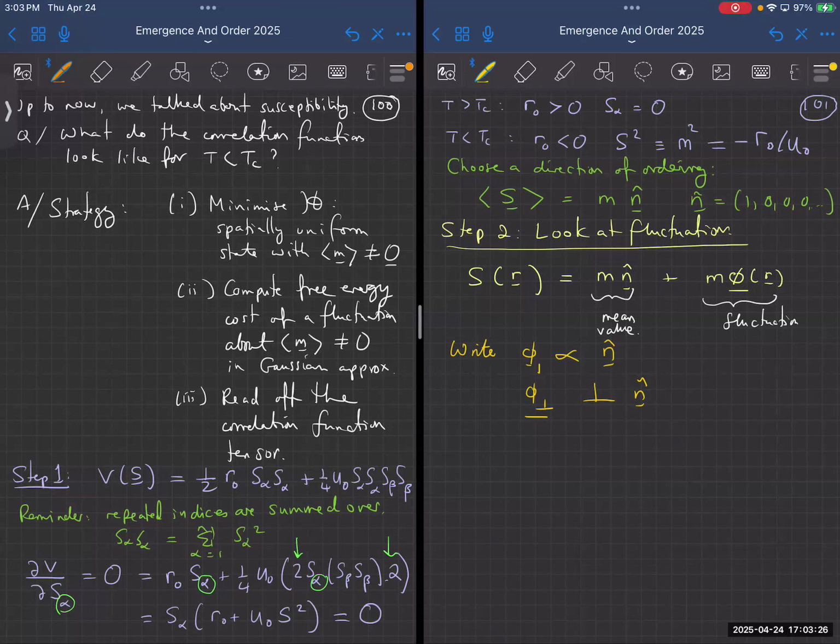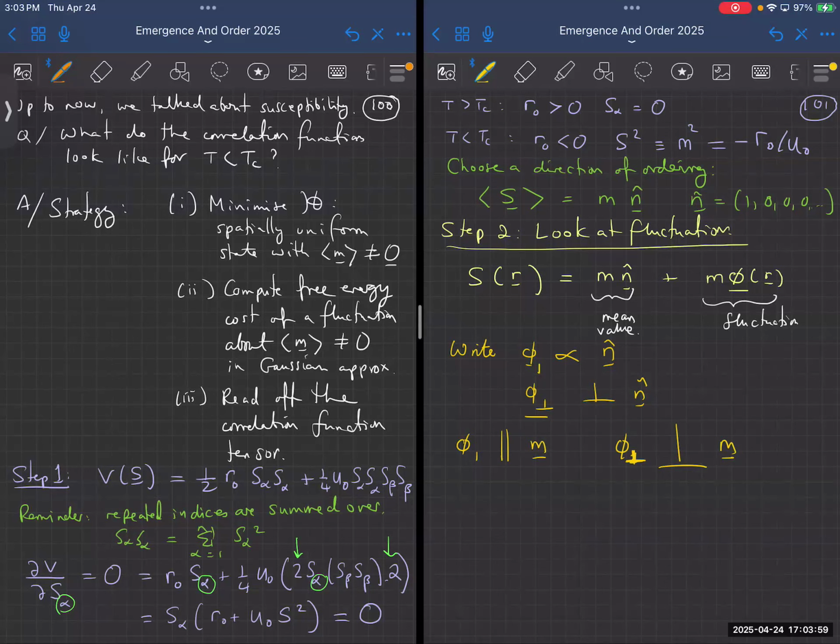So phi 1 is parallel to n, and phi transverse is orthogonal to n.